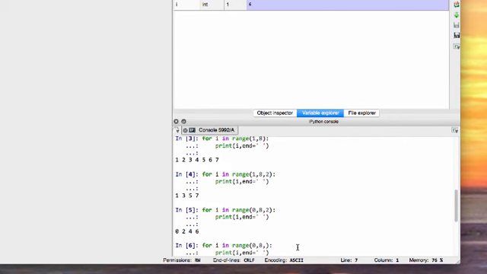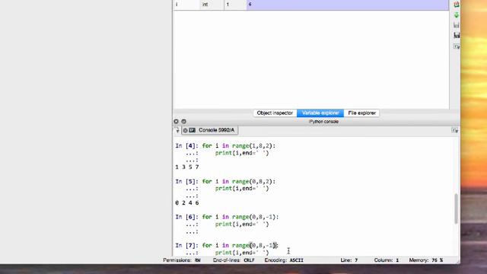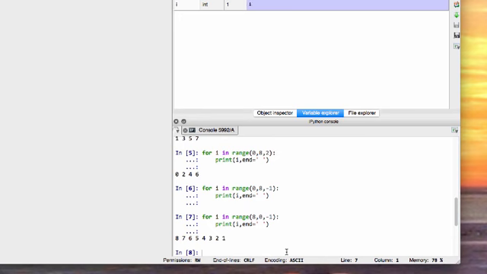Now, there are other things that I can do, for example, what if I have a -1? That supposedly goes backwards, and nothing got printed. Why? Because I started at 0, and it says start at 0 and go to 8 by -1s. Whoa, no, that's the wrong direction. That didn't work at all. So maybe I have to switch my 8 and my 0, and yes, there we go.